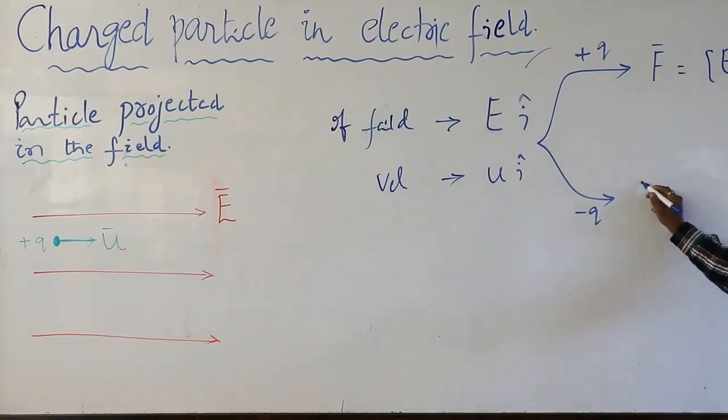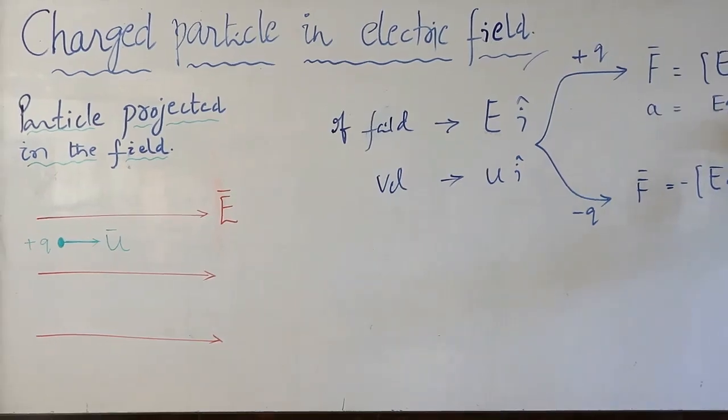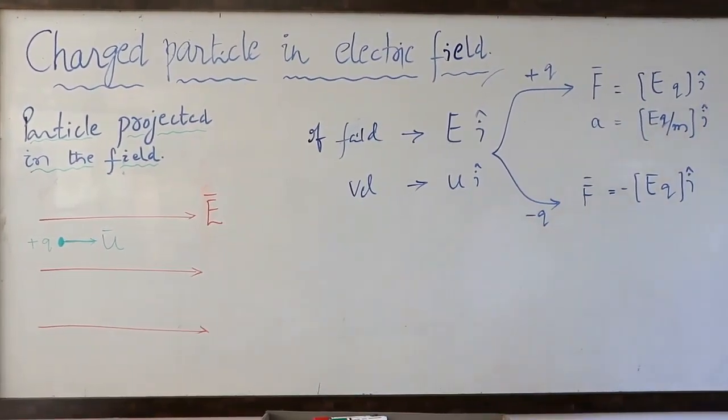And for the negative charge, F bar is equal to, yes, the magnitude is of course EQ, but it is anti-parallel to the field. So that is how I write the force. And similarly the acceleration is also the same, EQ by M times I cap.